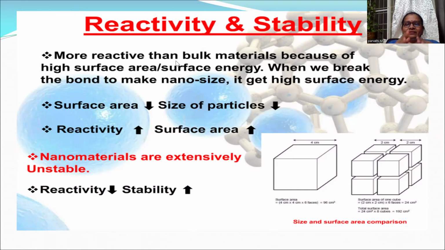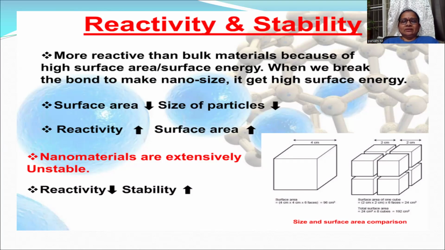So the break of bond makes them more suitable to react with another kind of material, so they get high surface energy. The size of the particle reduces, and then reactivity increases. In contrast, reactivity increases and surface area increases. So nanomaterials are extensively unstable.